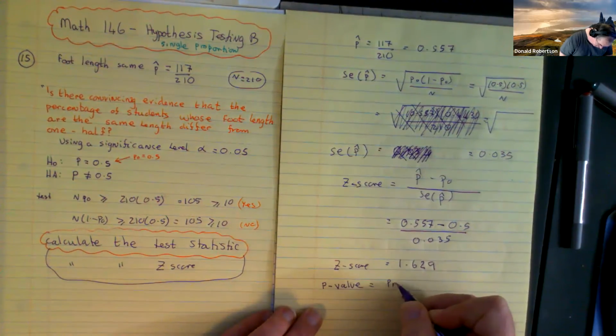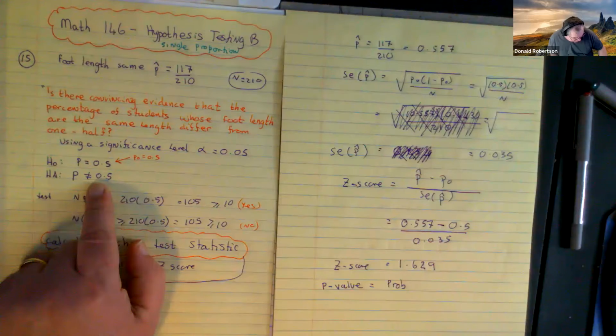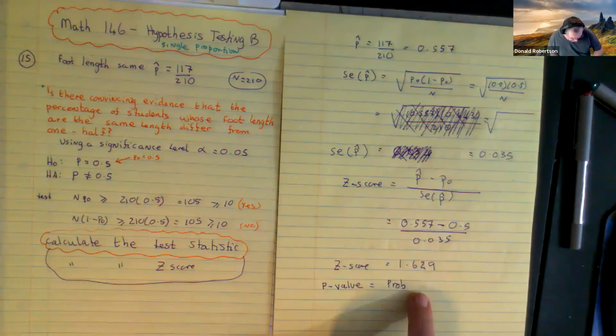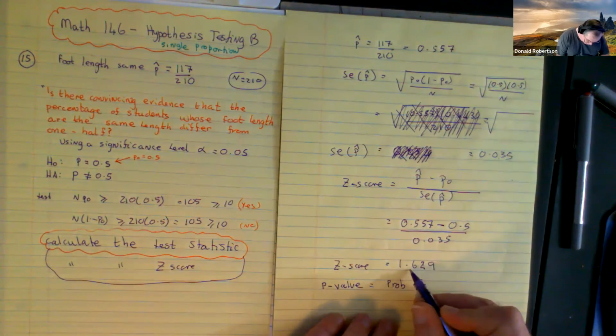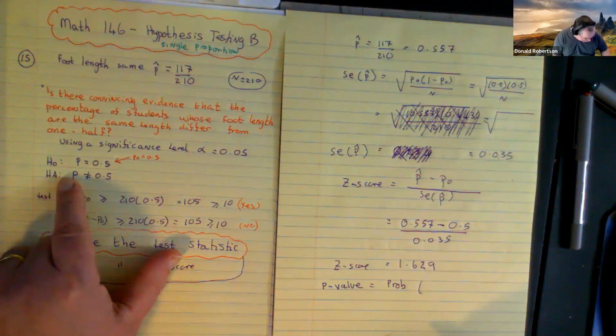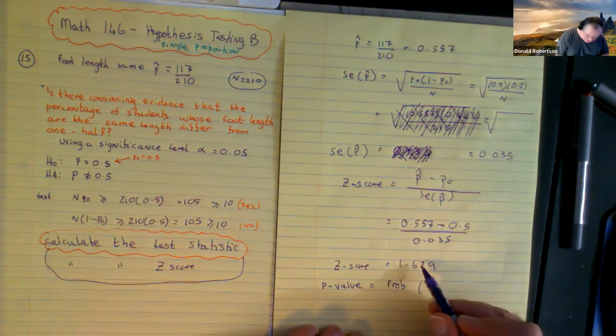And it's going to be the probability. Well, if this was prove that it's greater than 0.5, we would do the probability that you get a z-score greater than that. If this had said p was less than 0.5, we'd do the probability you get a z less than that one.